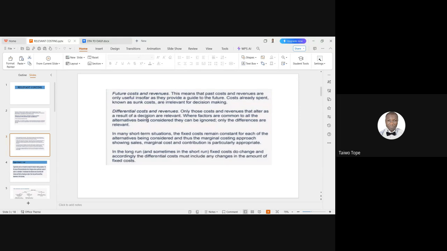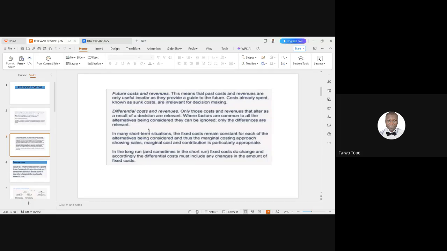And also we have differential costs and revenues. Only those costs and revenues that alter as a result of a decision are relevant. Just as I've mentioned in terms of fixed costs, where a cost is common to all alternatives, such as fixed cost, such costs will be ignored because they are not relevant.